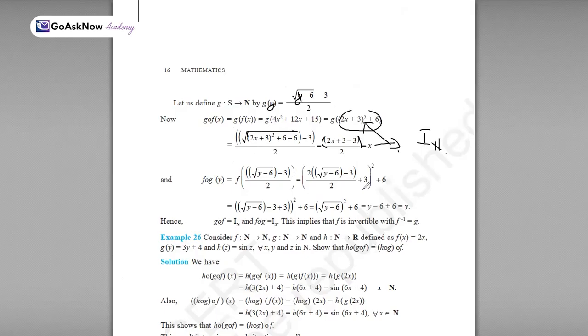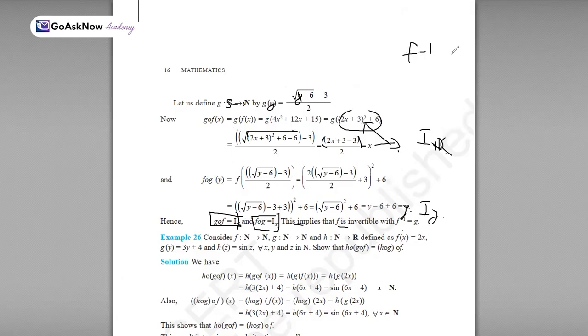And similarly, if I find out f(g(y)), I have to put g(y) inside f, and by simplifying I will get it equal to y. So I am getting here I_N and here I_S, or I can say that gof is coming as I_N and fog is coming as I_S, because it is defined from S to N. This implies that f is invertible with f inverse g.